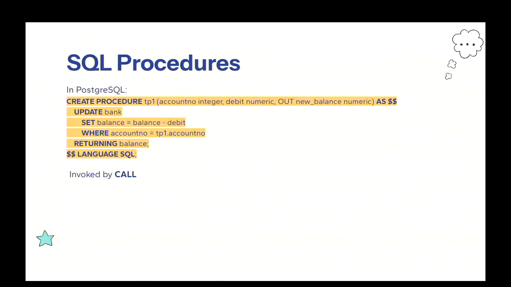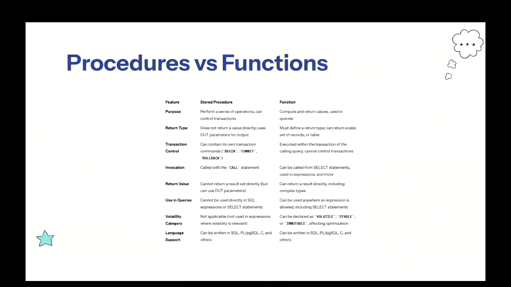Procedures are invoked by call. It's different. Remember, functions are invoked by select, and they can be used essentially the same as tables. You may wonder, we already have functions, so why do we have procedures? What's the difference between them? Why should we use them in different scenarios? Here's a list of differences, and you don't have to memorize all of them.